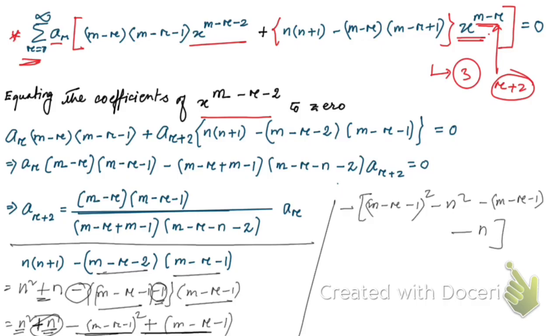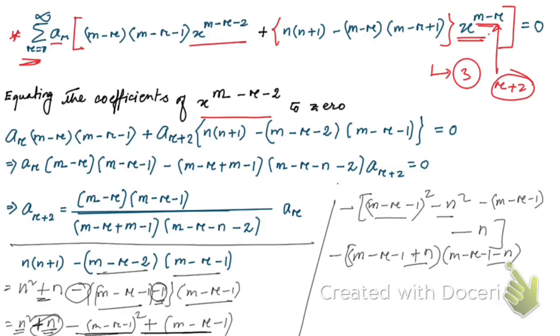So now you see, what we're going to have is minus m minus r minus 1. If you apply the a plus b into a minus b formula, a square minus b square, then it's going to be this into m minus r minus 1 plus n, sorry, not plus 1, minus 1 minus n.